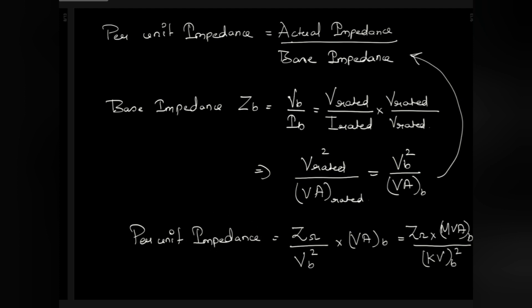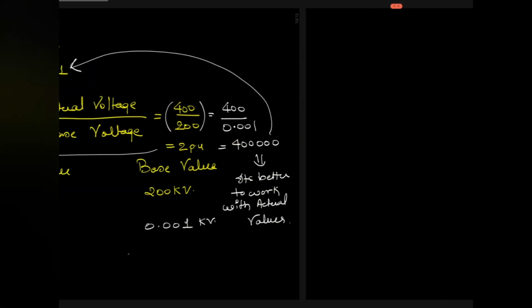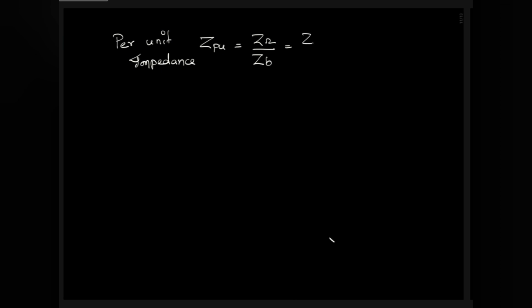Okay, if we write this equation, per unit impedance, that is Z ohm divided by Z base, this is equal to Z ohm into MVA base divided by kV base whole square.